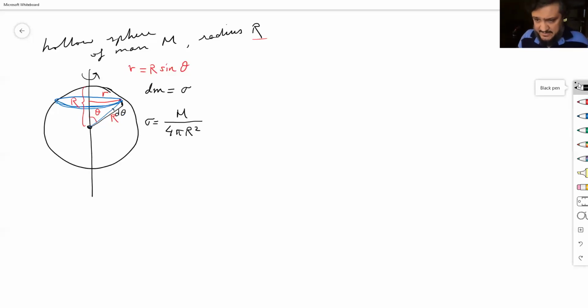I need that because I need to multiply it by a small increment like this along the ring. Now that will be r sine theta, or capital R, let's say, the radius, times an angle, let's call it d phi.